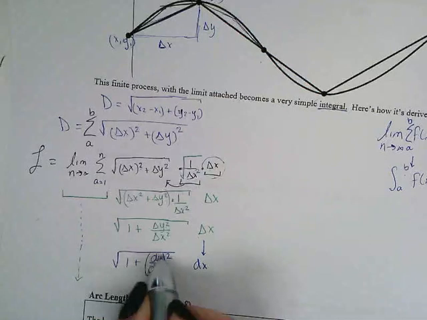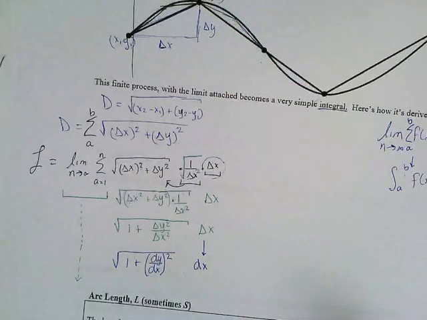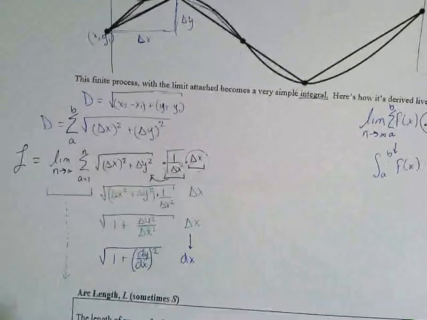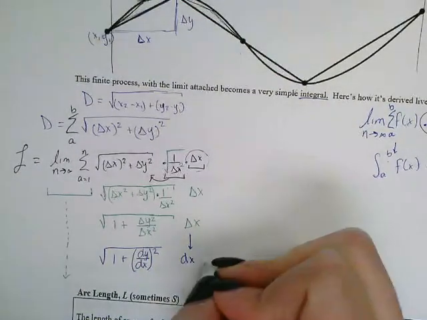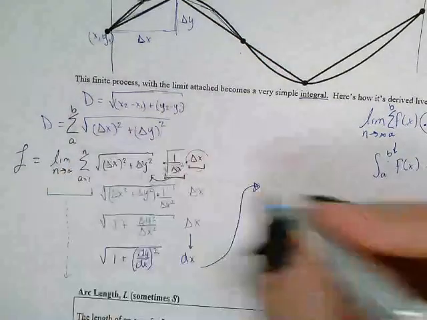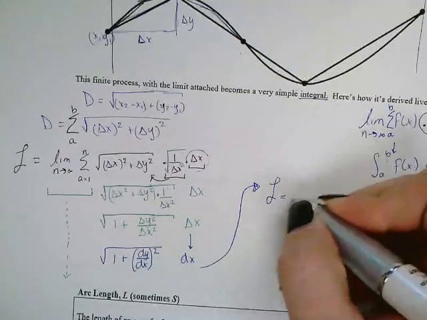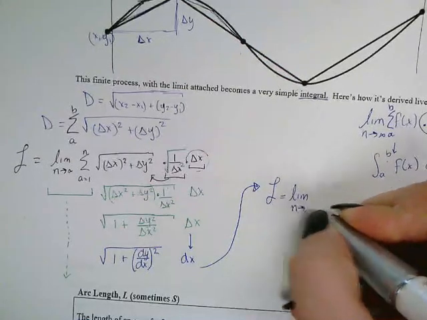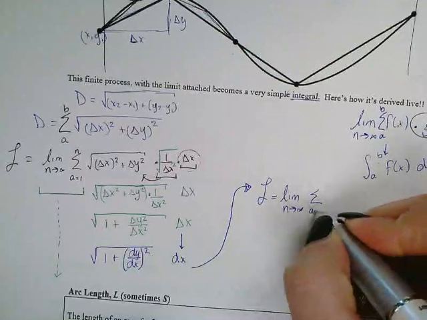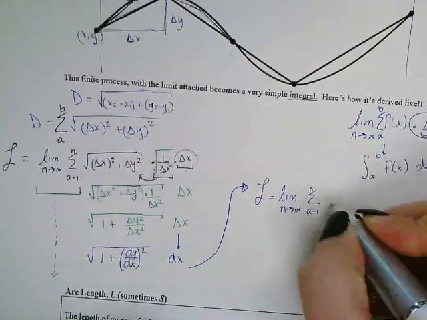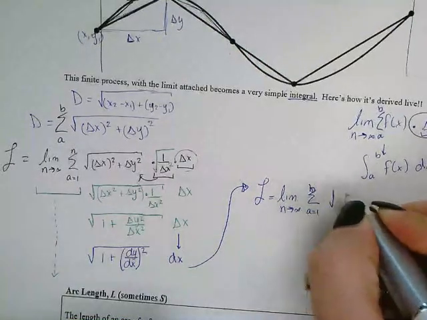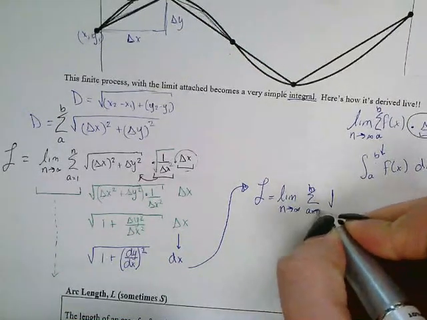What does that look like? What is dy dx when they ask you to do that? It's the derivative. So let's continue our path right here. I'm going to rewrite that L. So L equals the limit as the partitions get smaller and smaller from a equals 1 to n, or to b, sorry, from a to b.